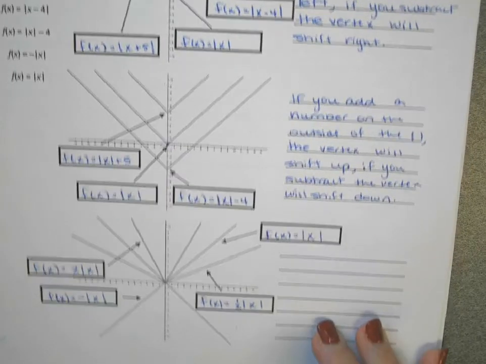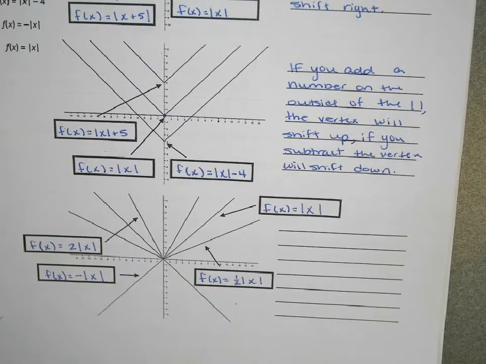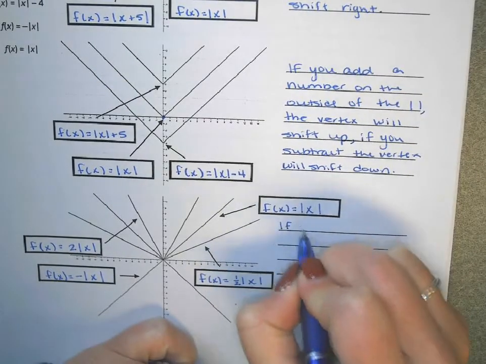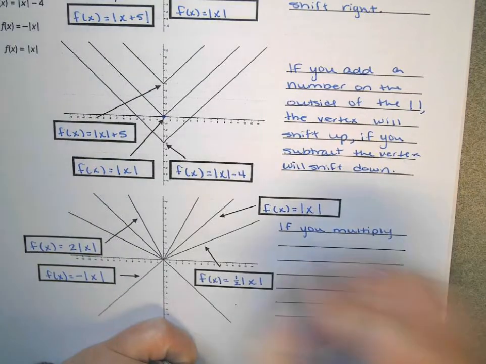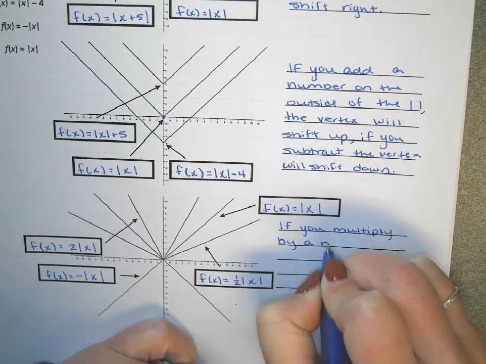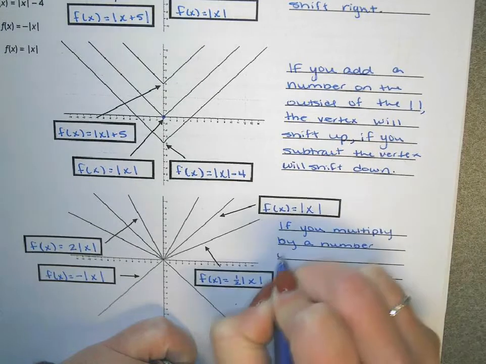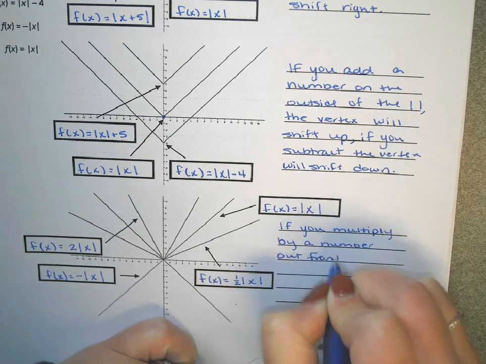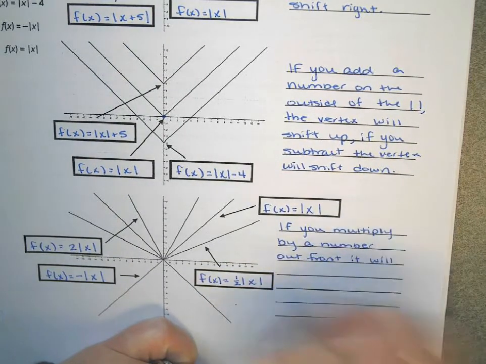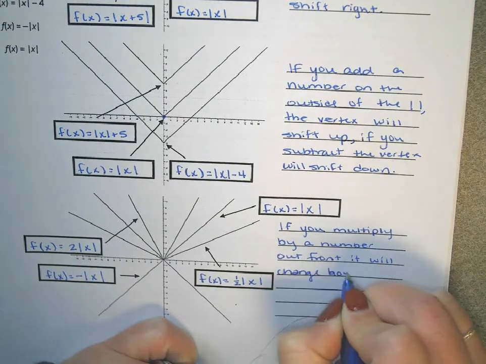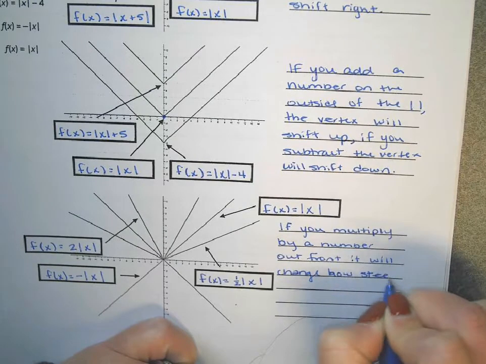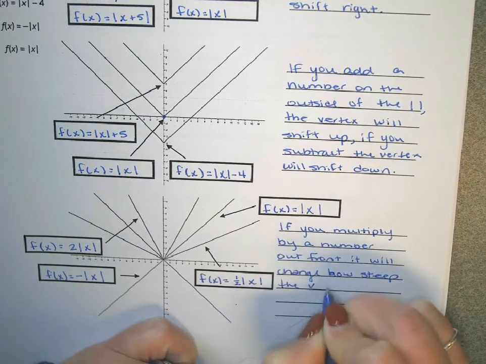Now, there are no shifts in this last one because all the vertices are at the origin, at that 0, 0 point. But if you multiply by a number out front, it will change how steep the V is.